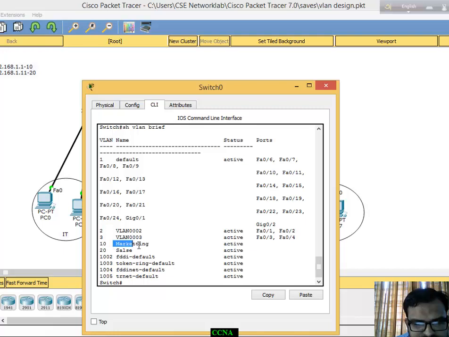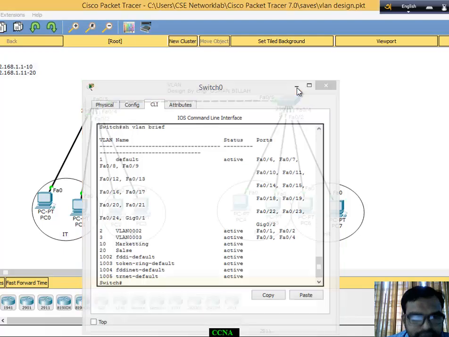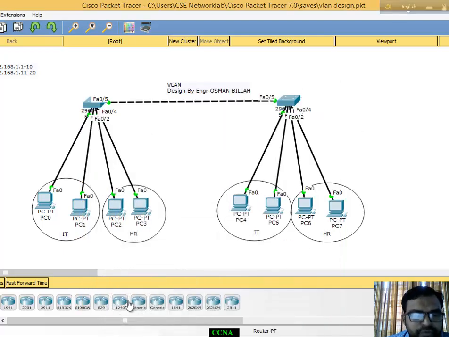So VLAN 10 is marketing and VLAN 20 is sales, both active, but we don't assign the interface for the VLAN. So now we assign the interface for the VLAN. How is it possible?